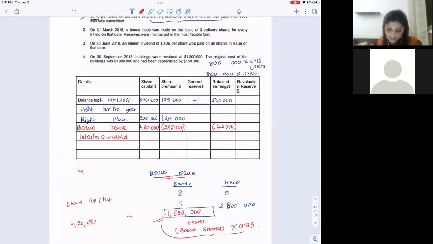You'll get the number of shares, which is 4,480,000. You are going to give interim dividend at the rate of 0.05 per share, so the interim dividend is 224,000.